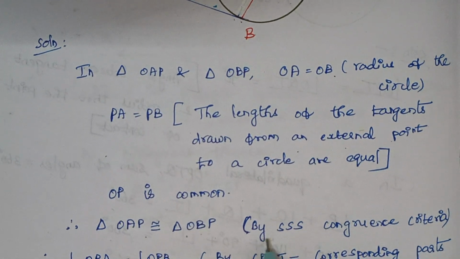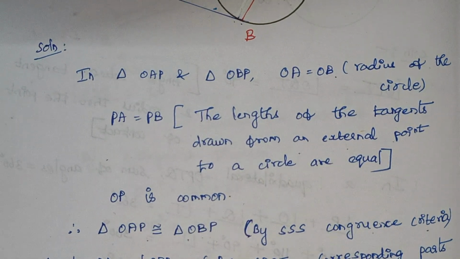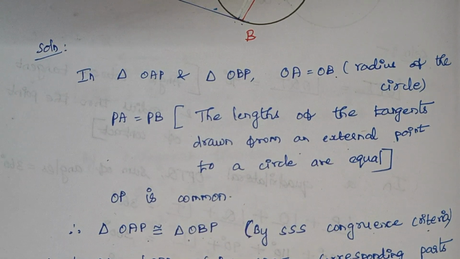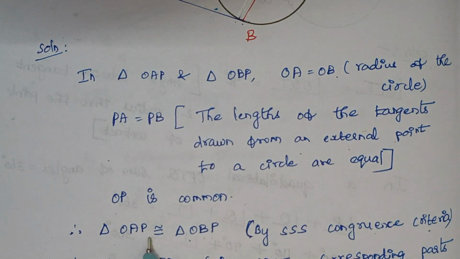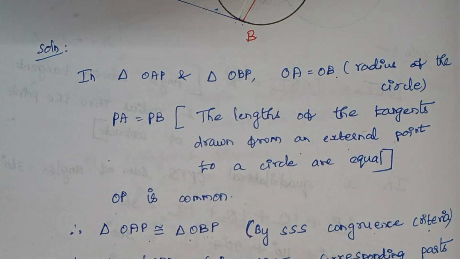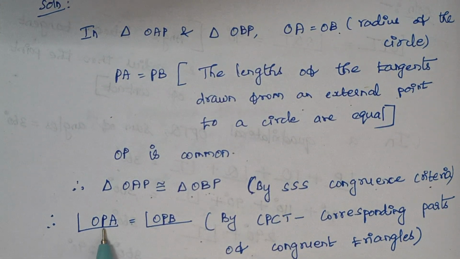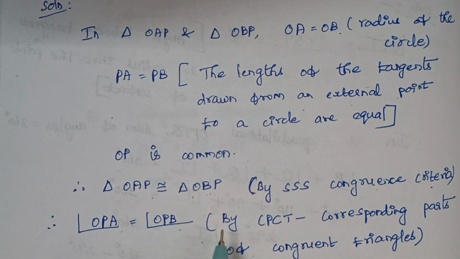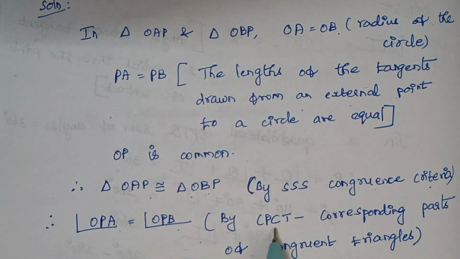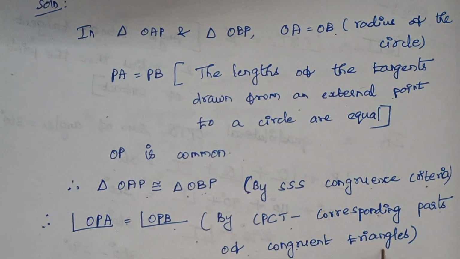Why? Because by the SSS congruence criteria, all the three sides of one triangle get matched with the three sides of the other triangle. So these two triangles are congruent. Now angle OPA is equal to angle OPB because this is due to CPCT, that is corresponding parts of congruent triangles.